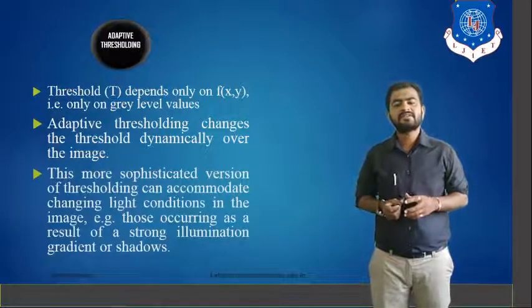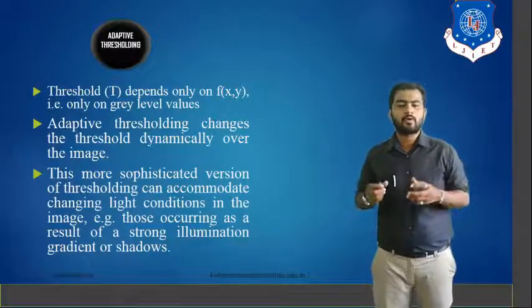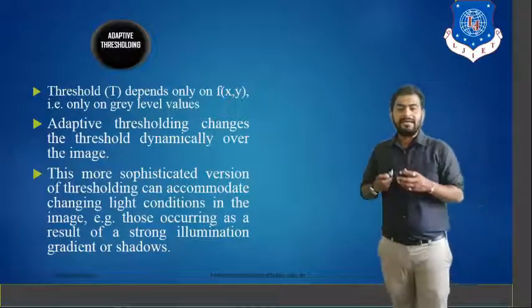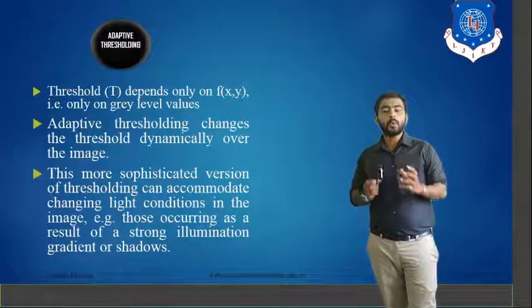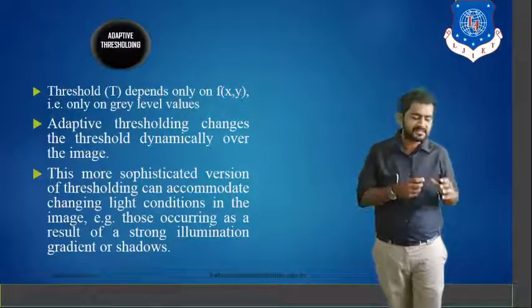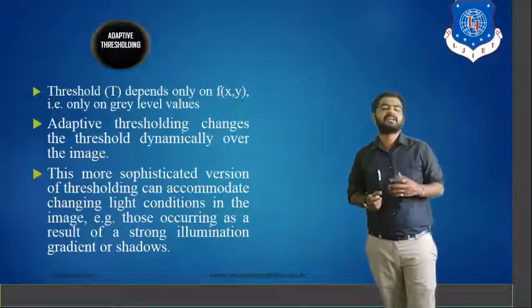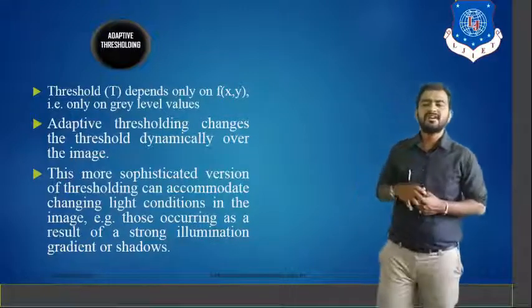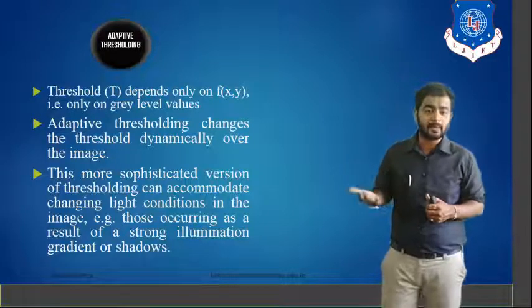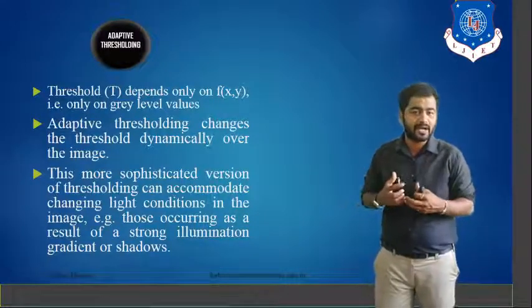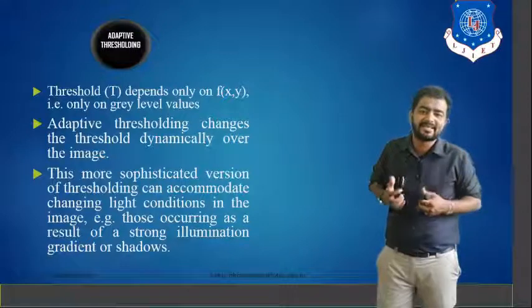This is a more sophisticated version of thresholding that can accommodate changing light conditions in the image. It means those occurring as a result of a strong illumination gradient or shadow. So adaptive thresholding is much better than the local thresholding technique, and it gives you an advanced approach as compared to the existing one.